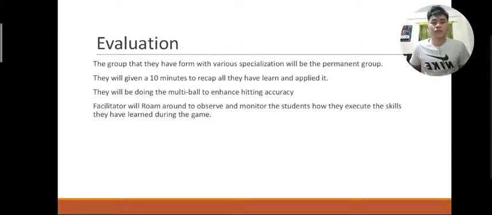They will be doing multi-ball to enhance their hitting accuracy, because when beginners start competing against other groups, there is a chance that they will not hit the ball. And I, as the facilitator, will roam around to observe and monitor the students on how they execute the skills which they have learned during the game.